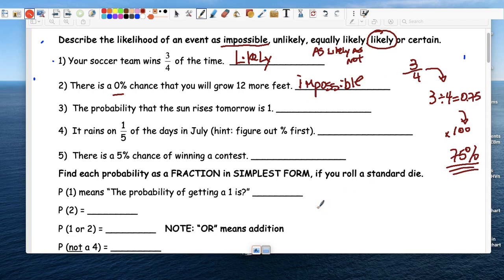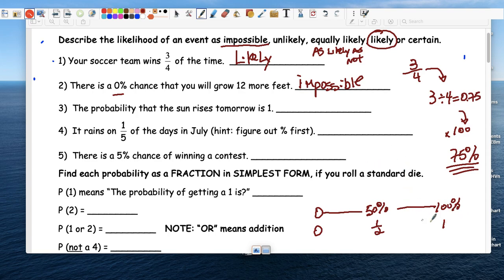So again, if you think about 50%, 100%, then we can have 0, we can have 1/2, we can have 1.